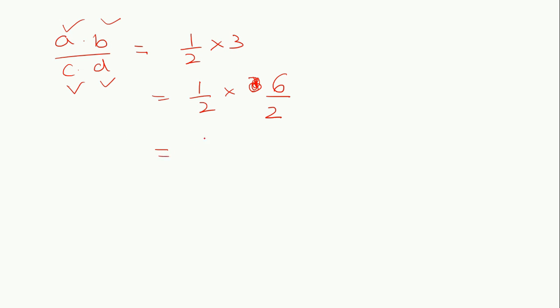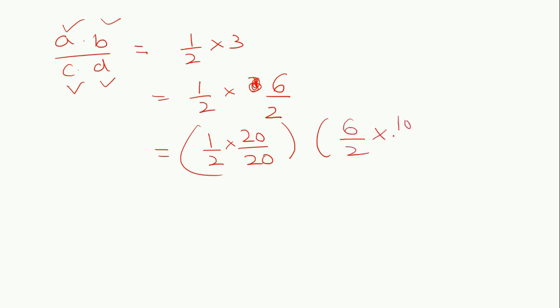So for maintaining this gear ratio, do simple multiplication. Let's multiply by 20 by 20, and for this one, 6 by 2, multiply by 10 by 10. You can change this multiplication. Where I do multiplication, I do it in such a way that I can get a gear ratio with gear teeth available in the market. We can find a gear from 20 teeth up to 40 teeth and more.